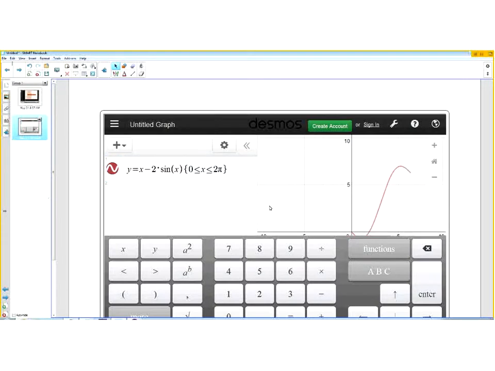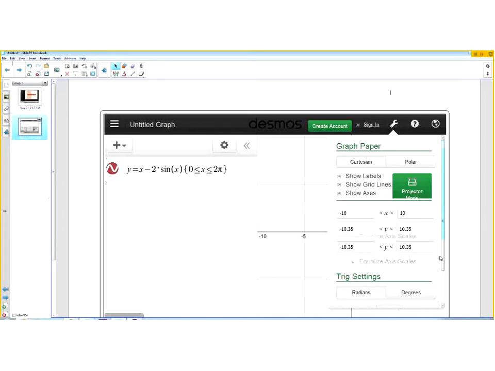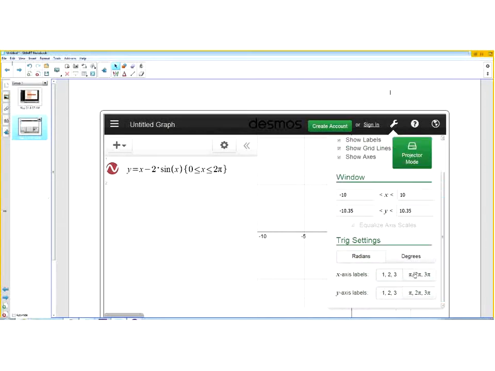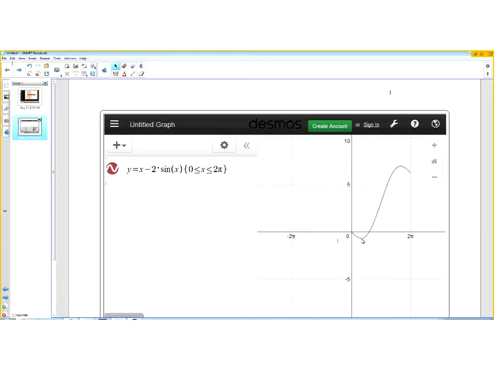And so let's see, there's the graph. And we want to extract the absolute min and absolute max on the interval 0 to 2 pi. So let me adjust the window so that the x-axis labels take on this character. Okay. All right. So now we can just zoom in, right?